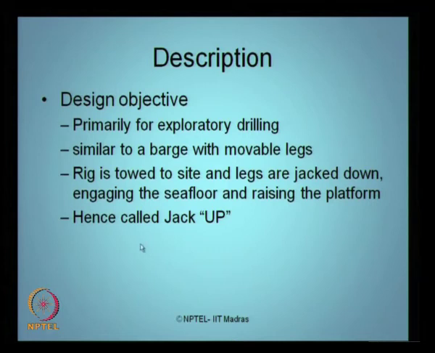That is why the name rig is associated with jack-up platforms. It is similar to a barge with moving legs. Imagine a ship or a very large barge which has a moving leg. So that is what we call jack-up rigs. The rig is towed to the site and the legs are jacked down, engaging the sea floor and raising the platform.